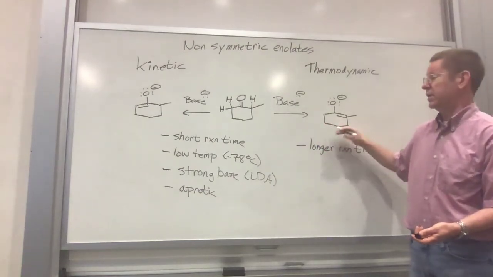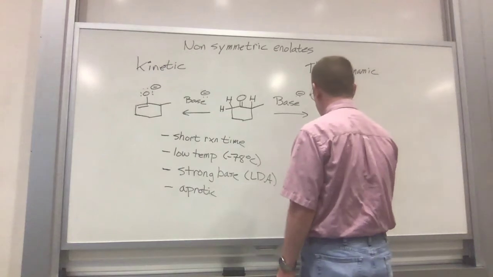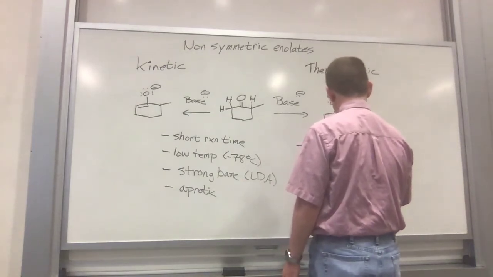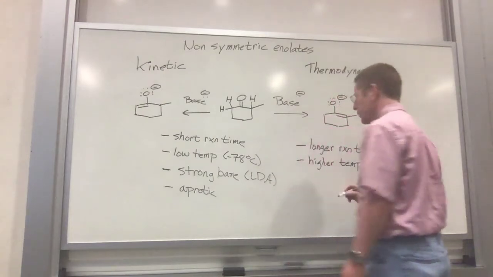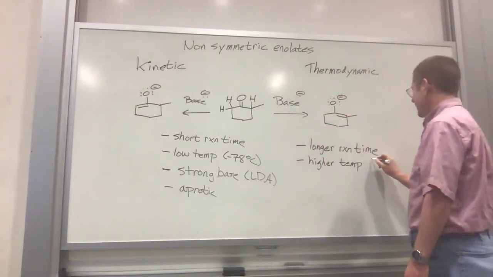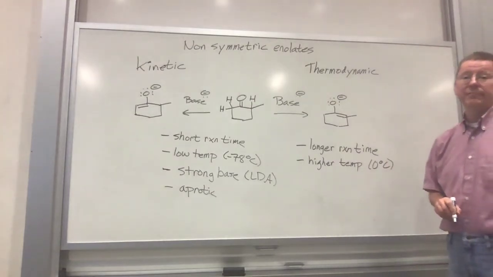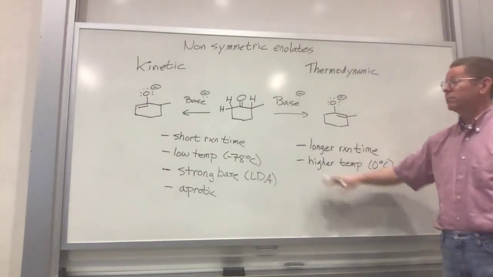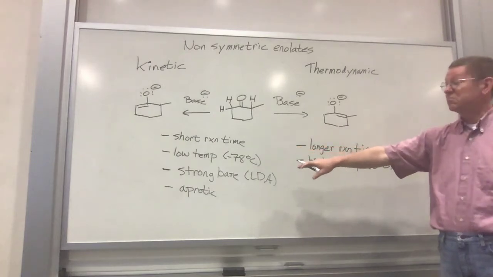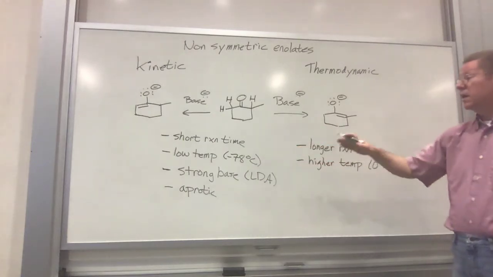This should make it happiest. We'd like to have a higher temperature. But remember, higher temperature is relative. Usually on something like this, a higher temperature means 0 degrees centigrade. Still not really high, but compared to minus 78, yes, it's high.